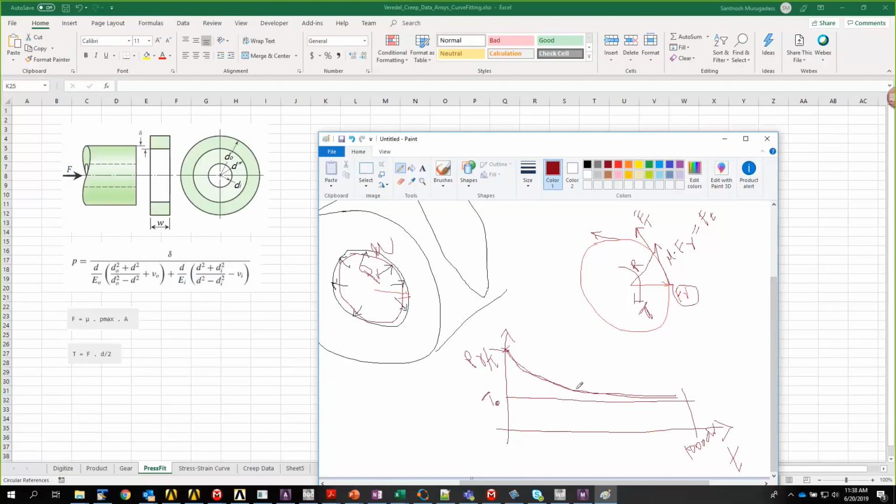Okay. So if the behavior is something like this, then what's going to happen? Probably after 4,000 hours of operation, the joint is going to slip. Okay, so we want to predict that.